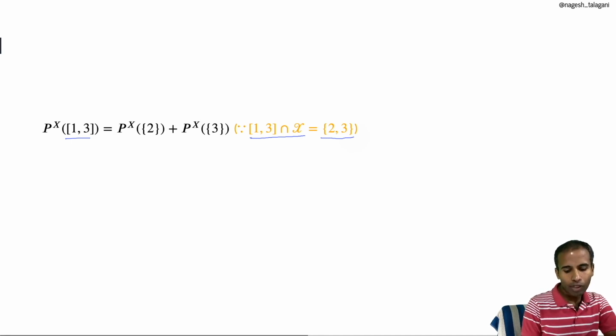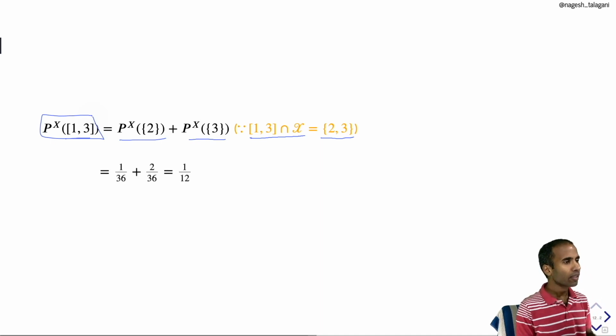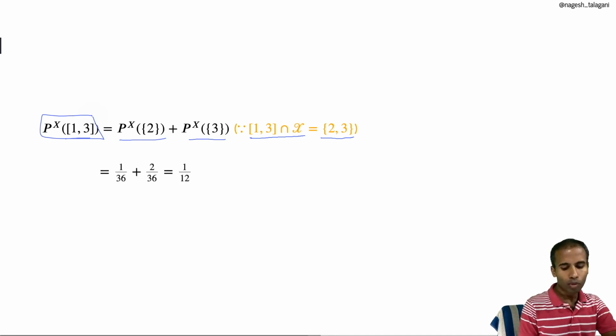That's why Px of closed interval [1, 3] is Px of singleton 2 plus Px of singleton 3. We know these two probabilities, so let's plug them in: 1 by 36 plus 2 by 36 adds up to 1 by 12.